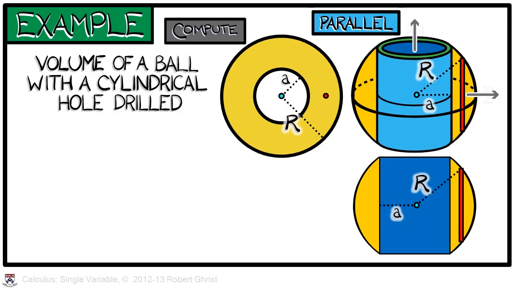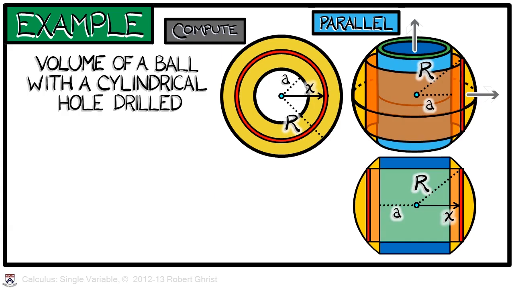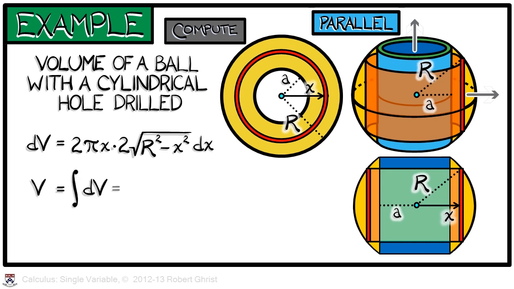If we choose slices that are parallel to the axis of revolution, then we have a cylindrical volume element, a cylinder with radius x that varies. In this case, the volume element is 2 pi x, the circumference of that cylinder, times the height, which is twice square root of r squared minus x squared dx.